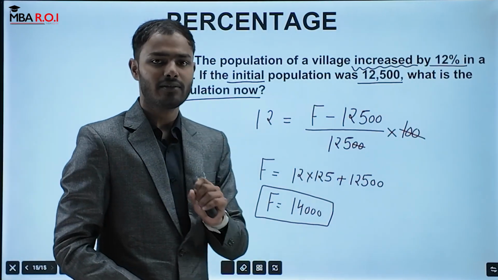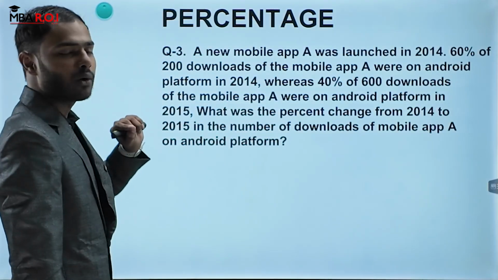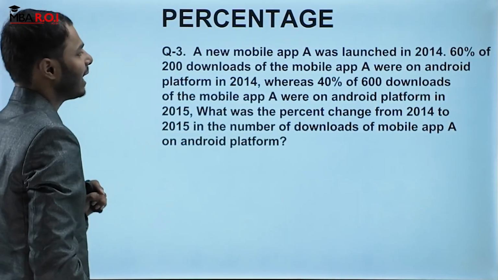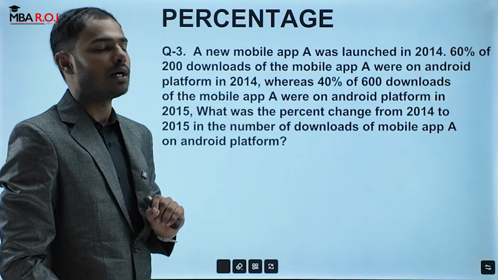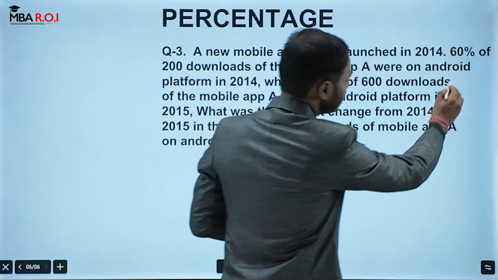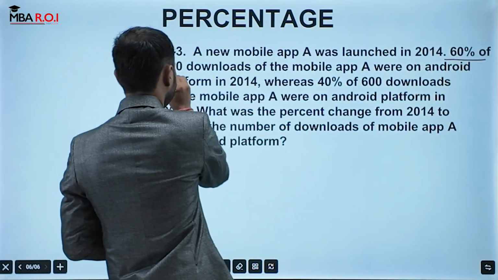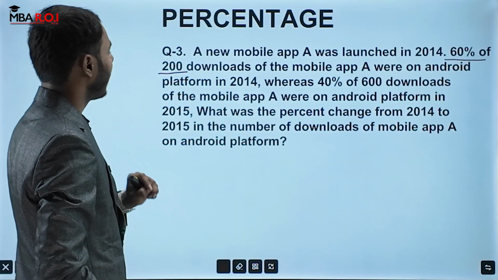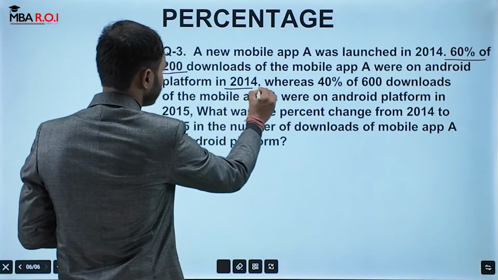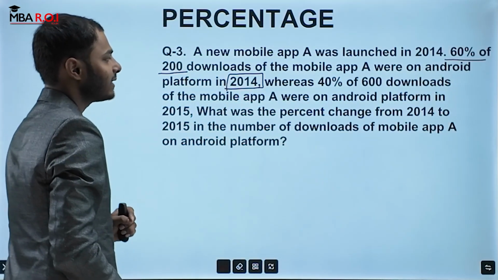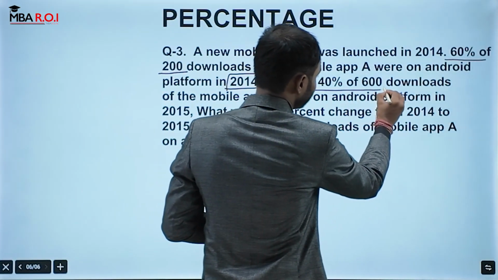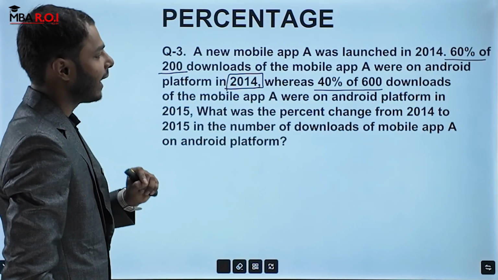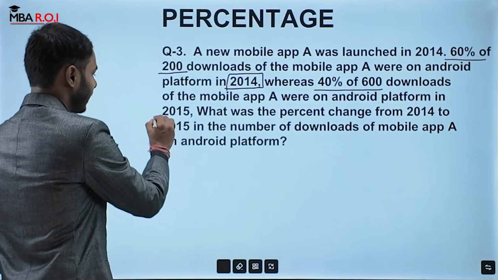Hope you understand this. In this question, first we are going to read the question very carefully. It says, a new mobile app A was launched in 2014 and 60% of 200 downloads of the mobile app A were on the Android platform in 2014, whereas 40% of 600 downloads of the mobile app A were on the Android platform in 2015.